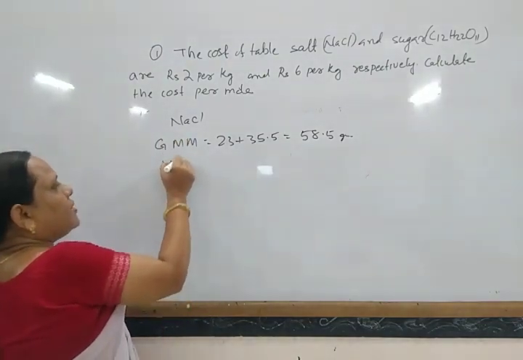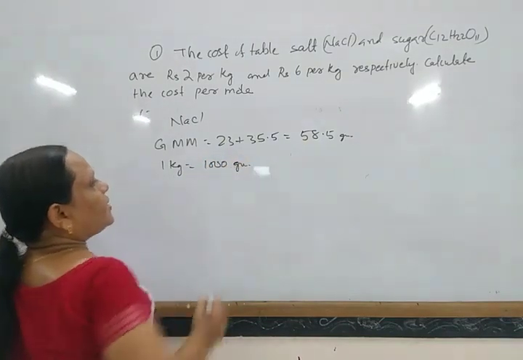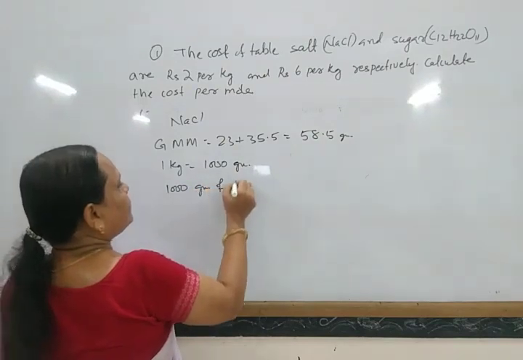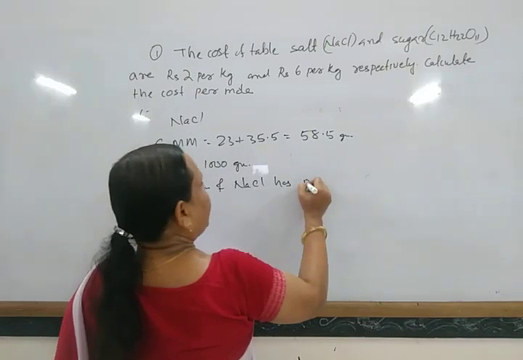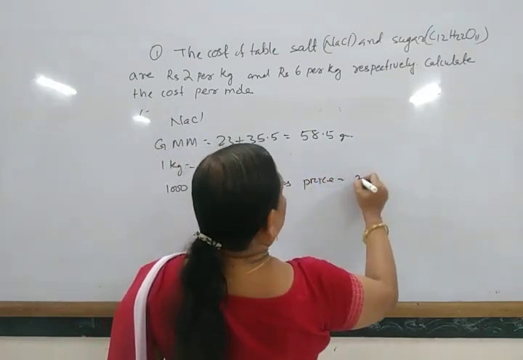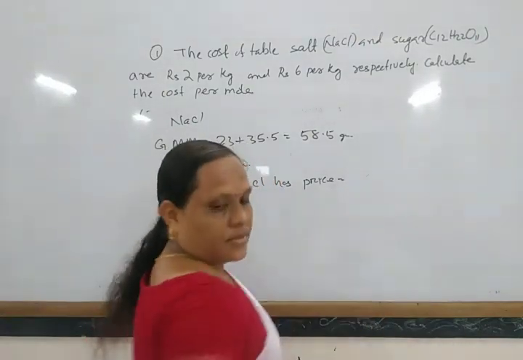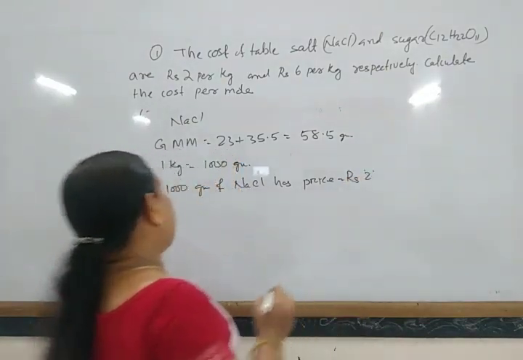So 1 kg equals 1000 gram. 1000 gram of NaCl has price Rs 2, that is 200 paise.